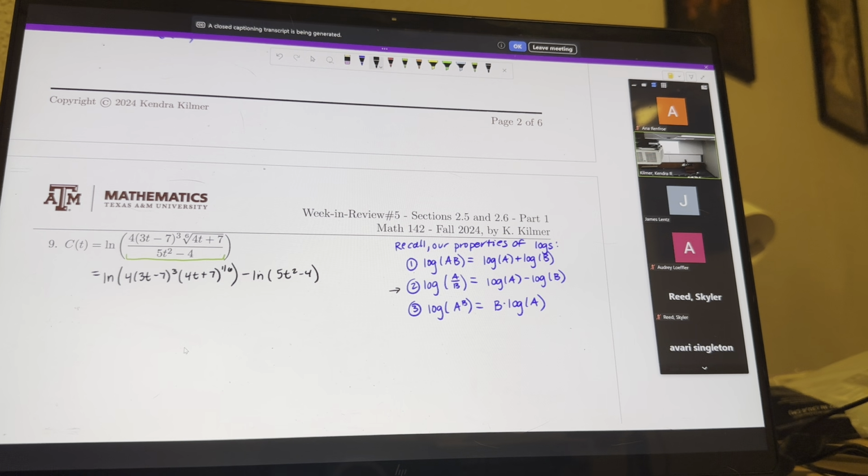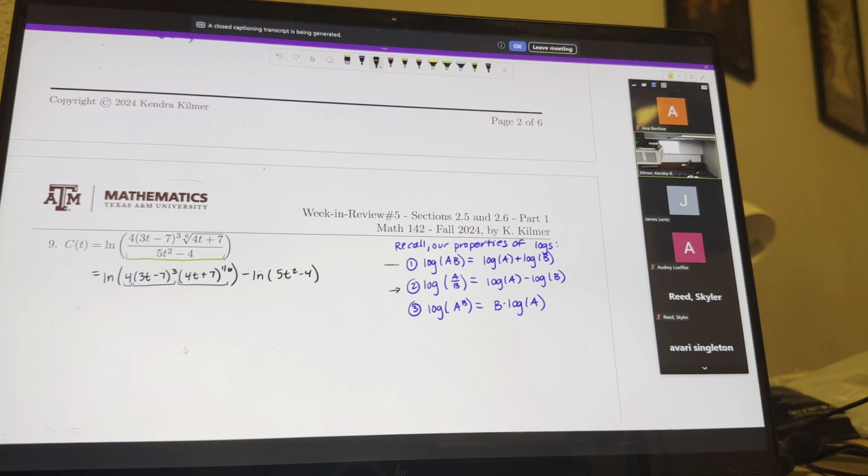Right, so all I did there is use property 2, where my a is the numerator and my b is the denominator. So I separated it out into 2 separate logs with a subtraction sign in between. We then see that the inside of this log now is written as a product of 3 things, right? So we're multiplying 4 by this (3t minus 7) to the 3rd, and then we're multiplying that by (4t plus 7) to the 1/6.